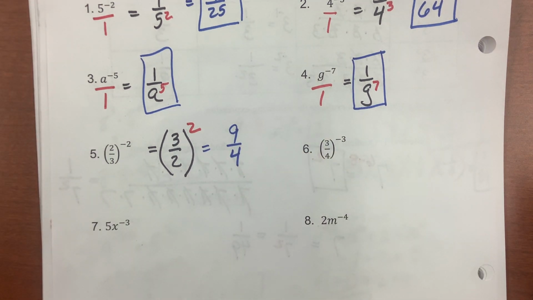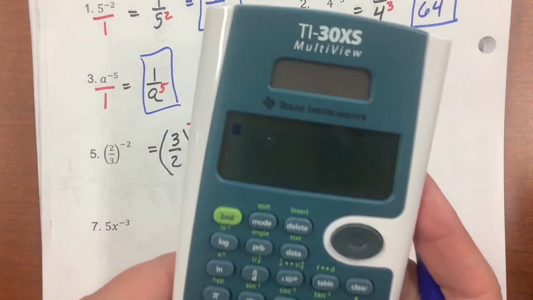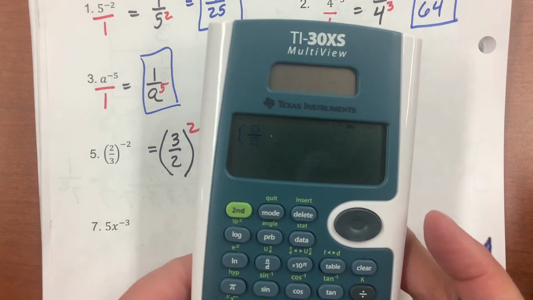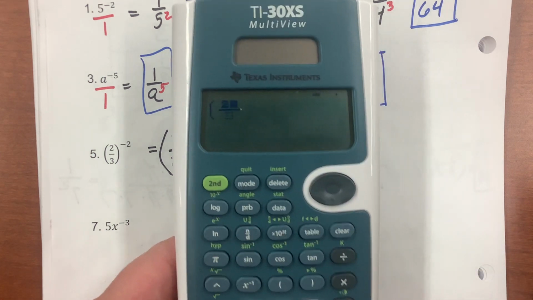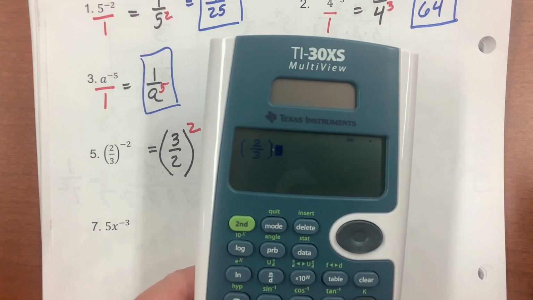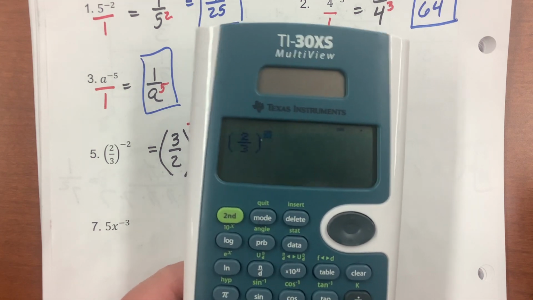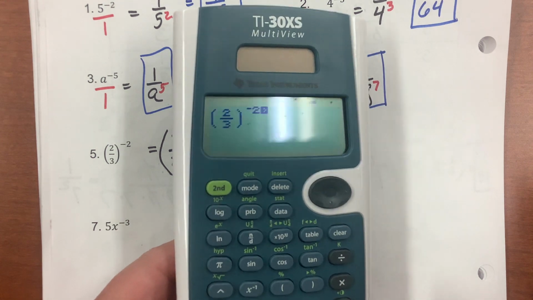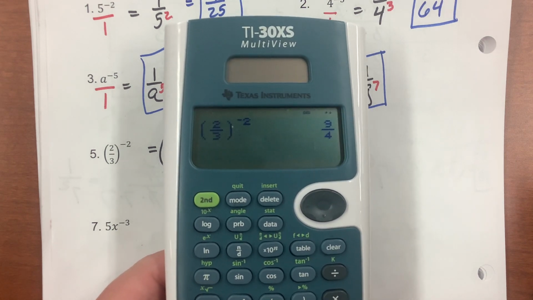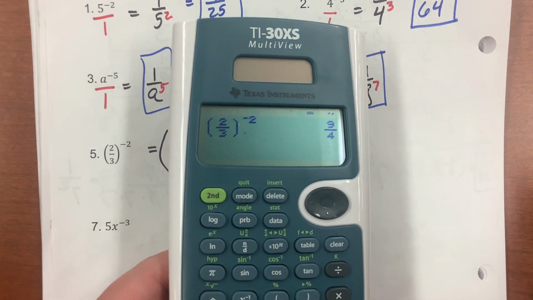Let's see what it looks like if I put that in a calculator. Parentheses, 2 over 3, in parentheses, now up arrow, -2. See, I put it in as it looked originally, and I get 9 over 4.